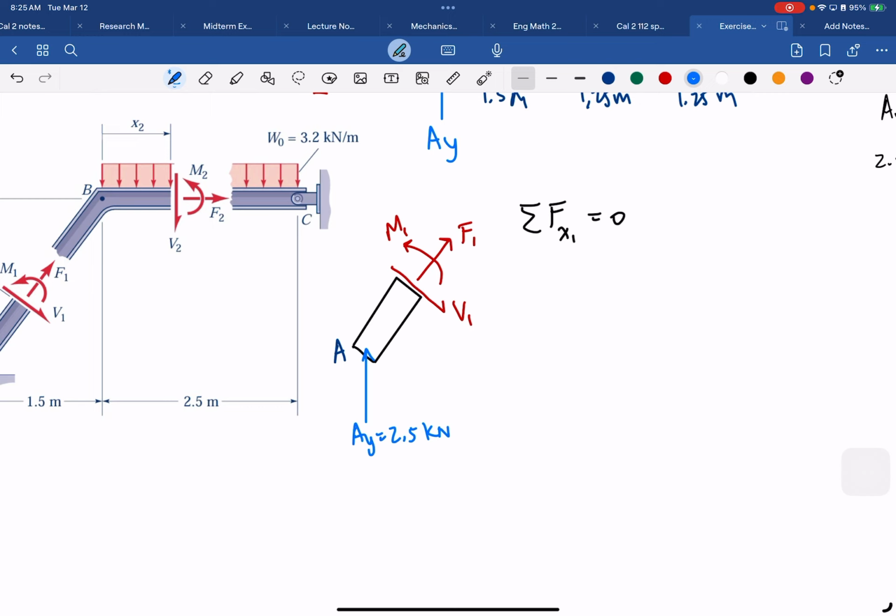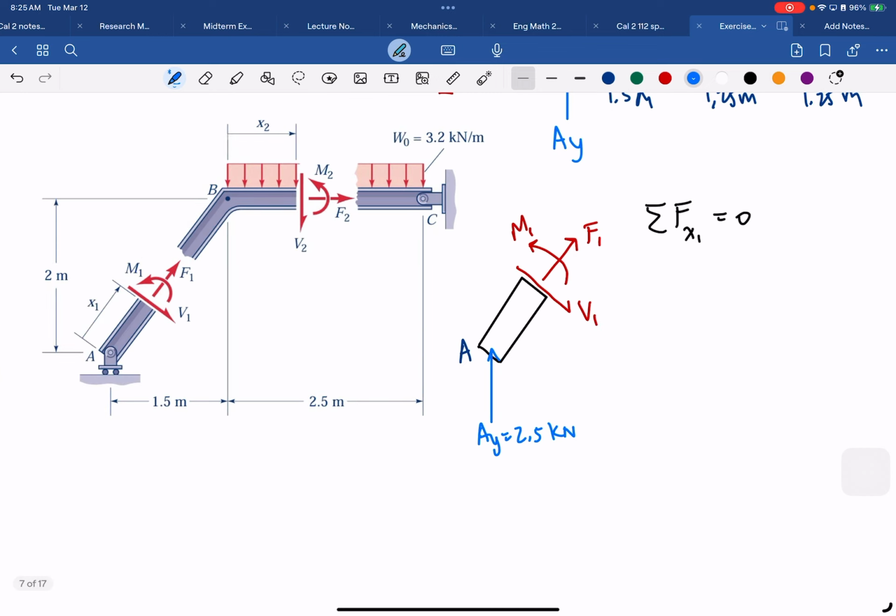So we could use some ratio to get at least the ratio for trigonometry, because we are expecting this F1 to be in components of sine and cosine, right? So we could see we have 2 and 1.5. So we have this triangle. And if we multiply by 2, we are going to have 4 and 3, and of course this will be 5.